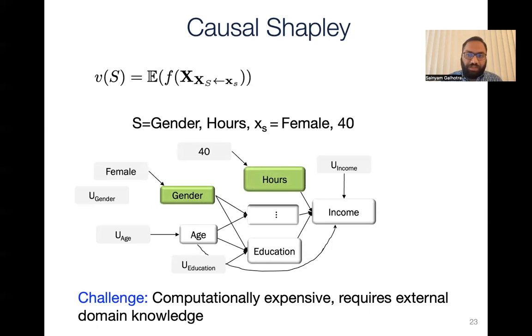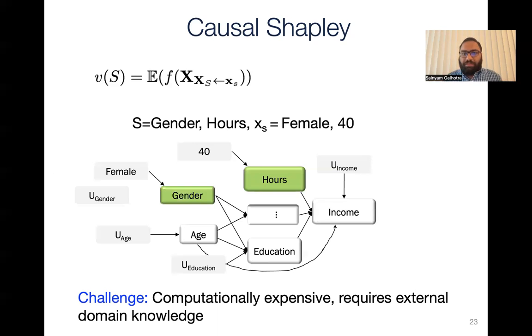The effect of this intervention then propagates through the network and it affects the descendants of gender and hours, which in turn finally affect income. And this final outcome of income is used as the expected outcome of the classifier.